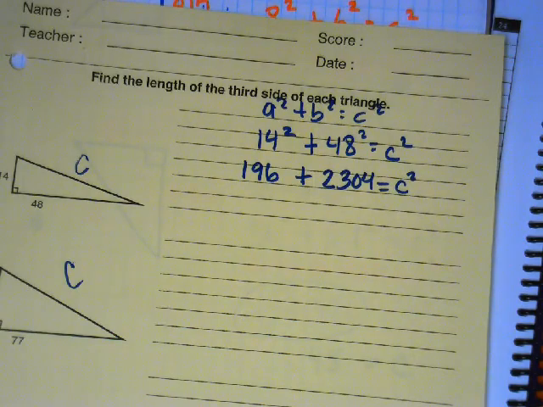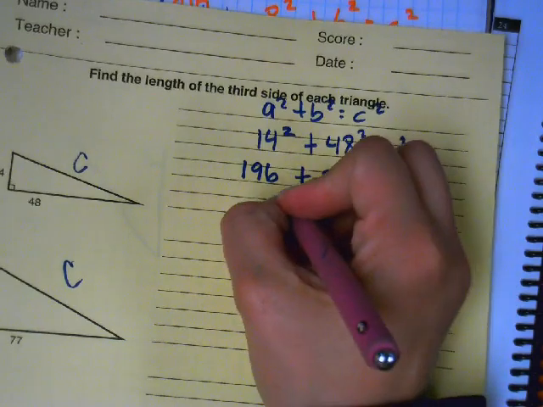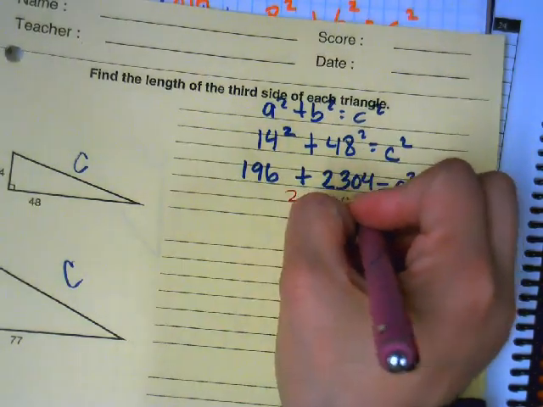You haven't been practicing enough. All right, add it with your calculator. What is it? 2,500 is equal to C squared.